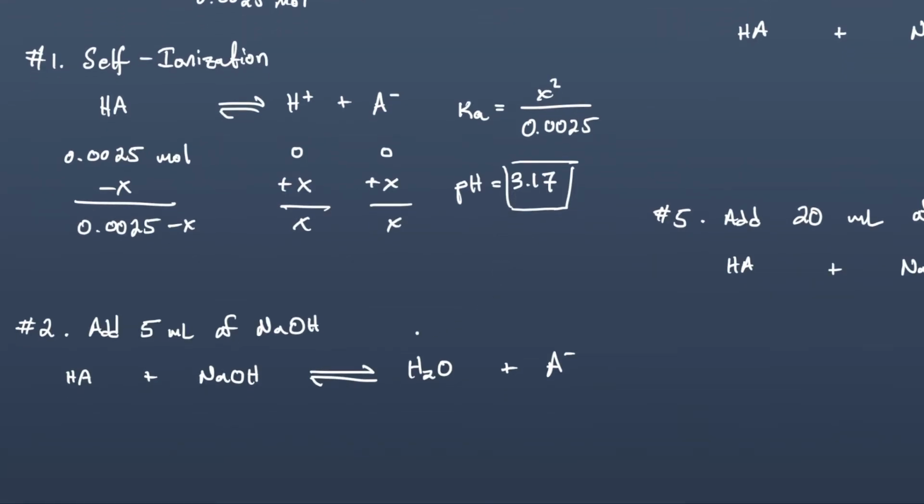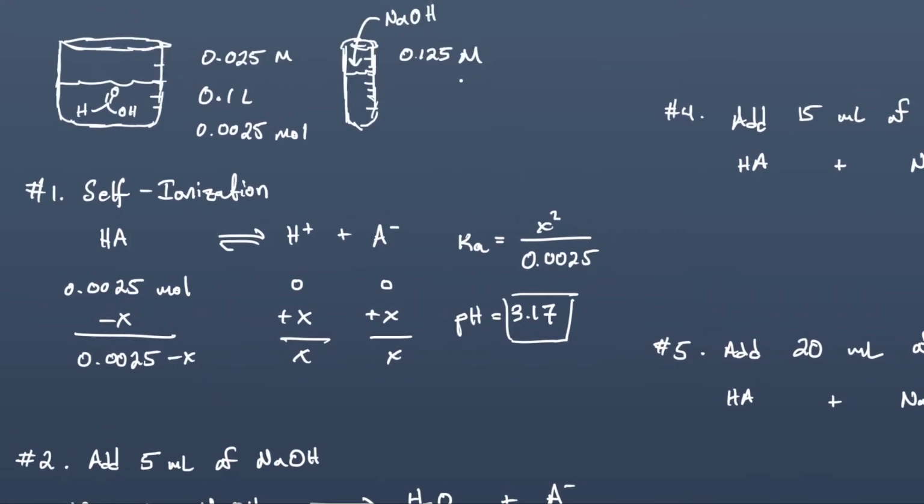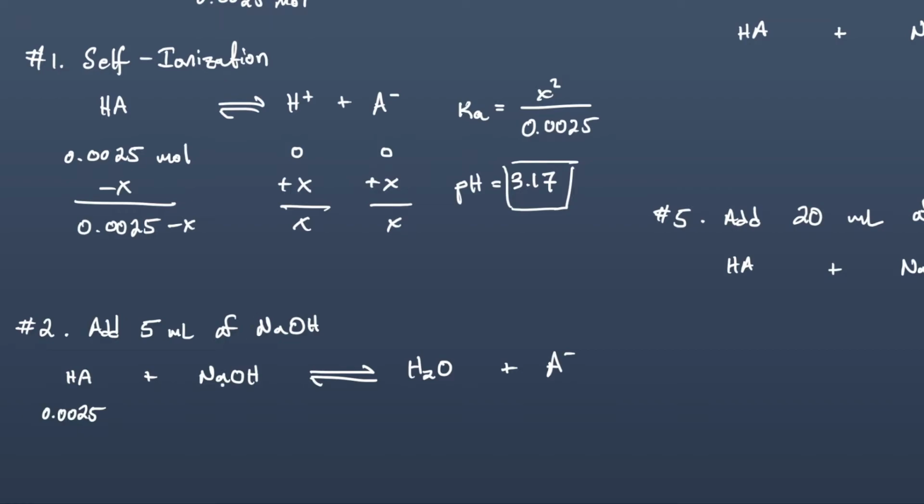Now let's add 5 milliliters of NaOH. So when we add 5 milliliters of NaOH, we start off with this amount of weak acid, and we're adding 5 milliliters of this, so that's 0.005 times our molarity, so times this right here. And what we get is 6.25 times 10 to the negative 4.